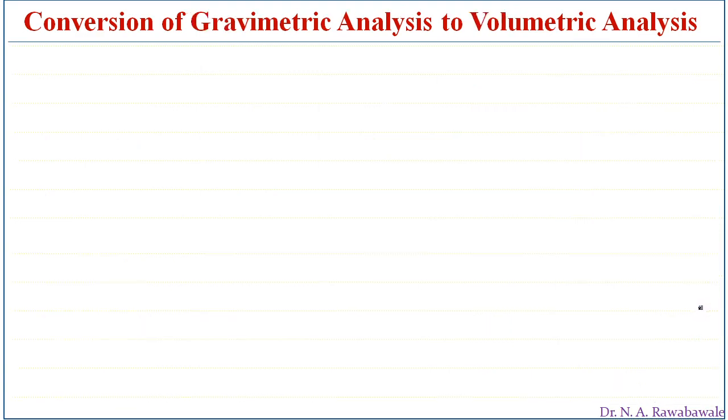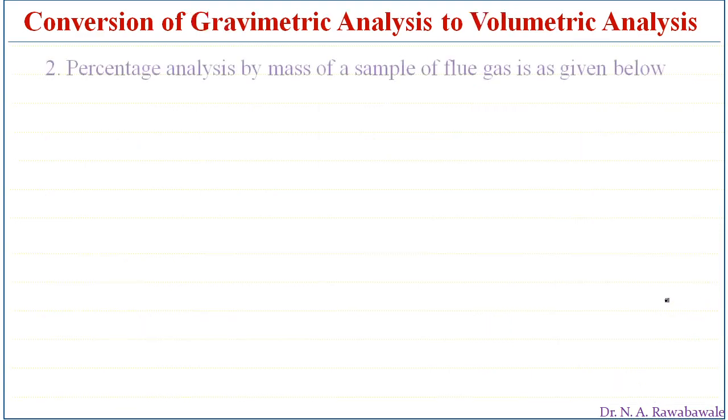So now coming to the conversion of gravimetric analysis into volumetric analysis, the reverse. The percentage analysis by mass of a sample of flue gas is given as below. Some gas is collected and the analysis of flue gas is made on the basis of mass, which we call a gravimetric analysis.